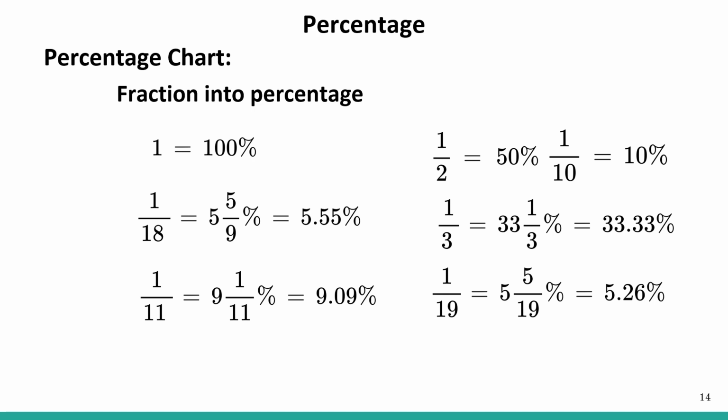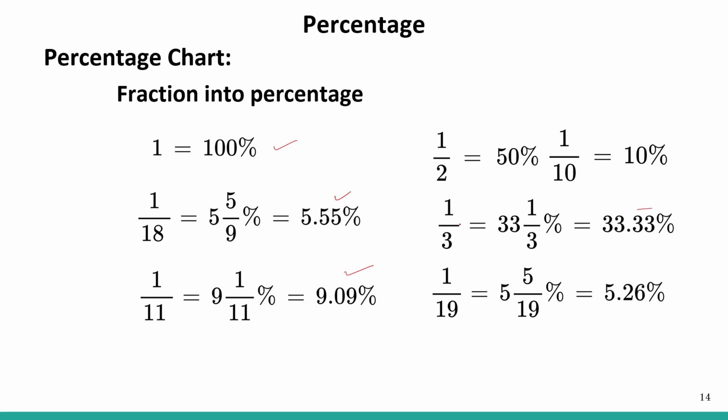It is a whole, so it will be 100%. 1 by 18 is equal to 5 whole and 5 by 9th percent, that is 5.55%. 1 by 11 is equal to 9 whole and 1 by 11 percent, that is 9.09%. 1 by 19 is equal to 5 whole and 5 by 19%, that is 5.26%. 1 by 3 is equal to 33 whole and 1 by 3rd percent, that is 33.33%, or we can also write 33.3 bar percent.